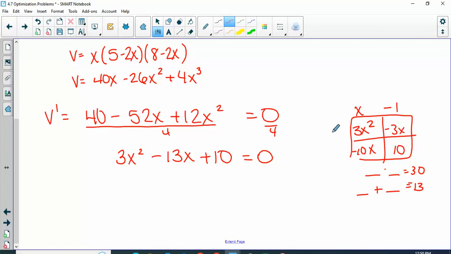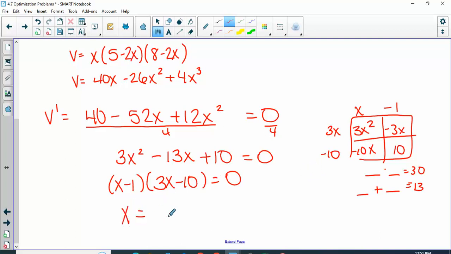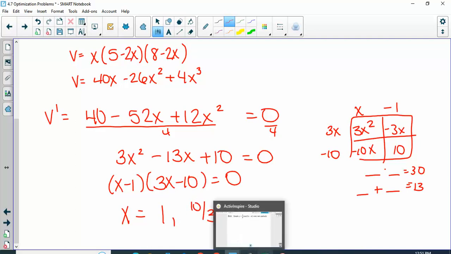You have to do the box method because it's not a leading 1. So if we set those equal to 0, we get 1 and 10/3. Okay, so the next question, are both of those possible?